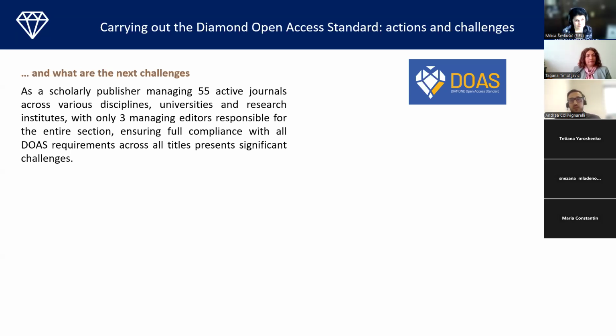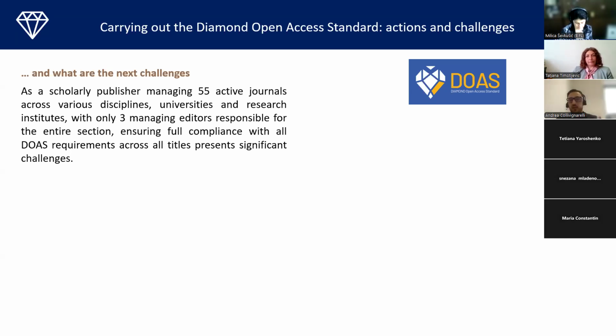Now we are trying to select some of these criteria from the DOAS and make them required on all our journals. Maybe not everyone, because there are some differences between, for example, the science, the biology, the other kinds of sciences journals, and the human and social sciences journals. So for some of these journals, there are different difficulties.